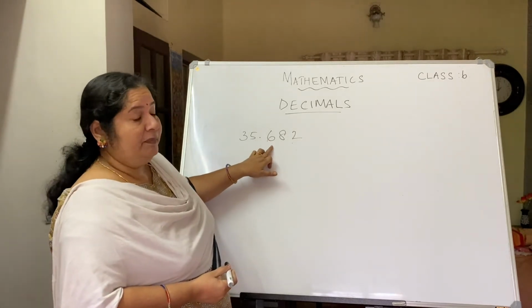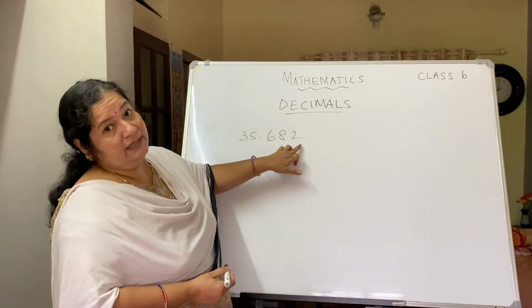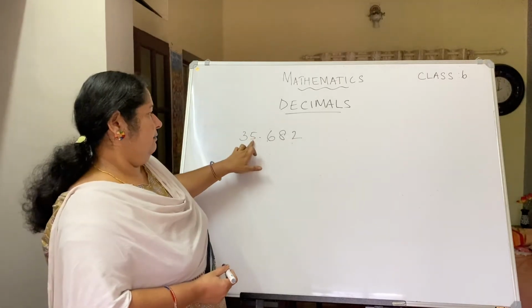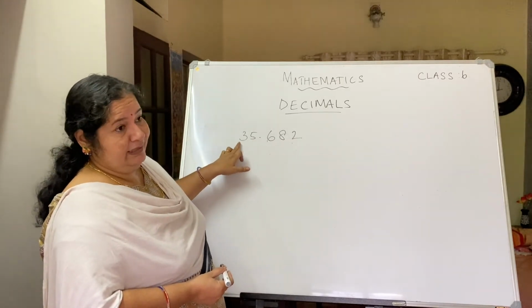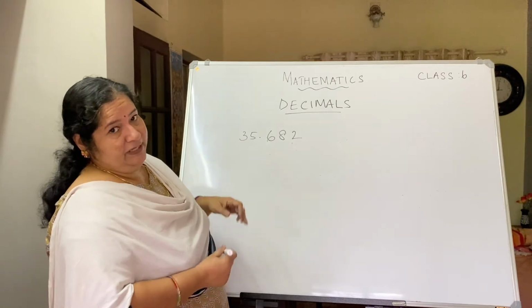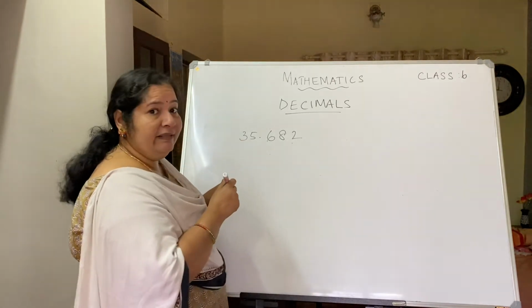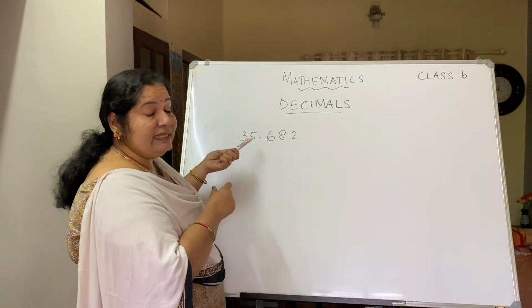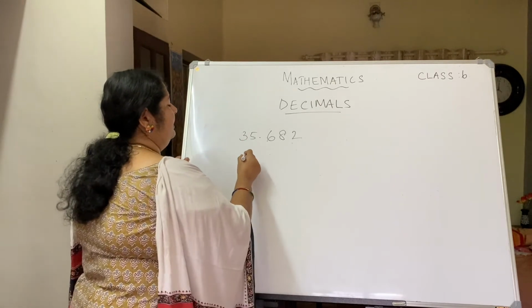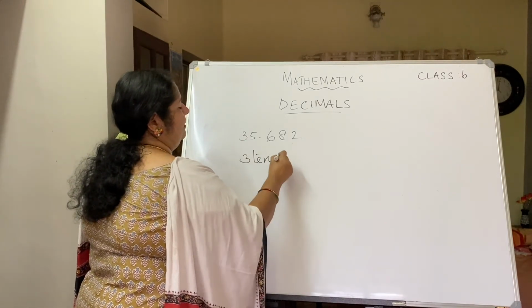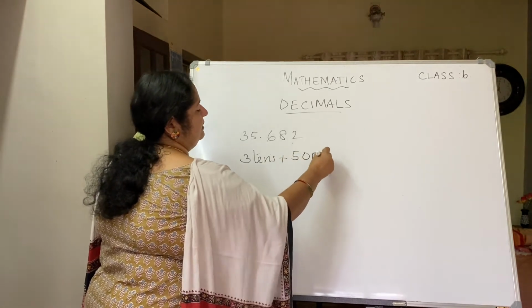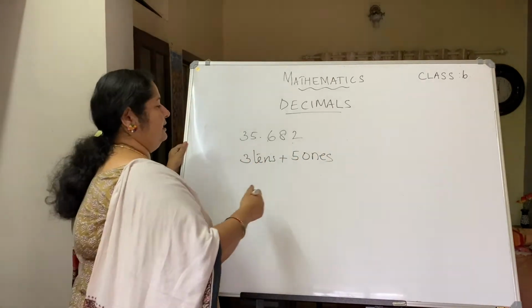This is the 10th place, this is the 100th place, and this is the 1000th place. This will be 1's place, and this is the 10th place. So this decimal can be read as 3 10s plus 5 1s. This comes in the whole number part.